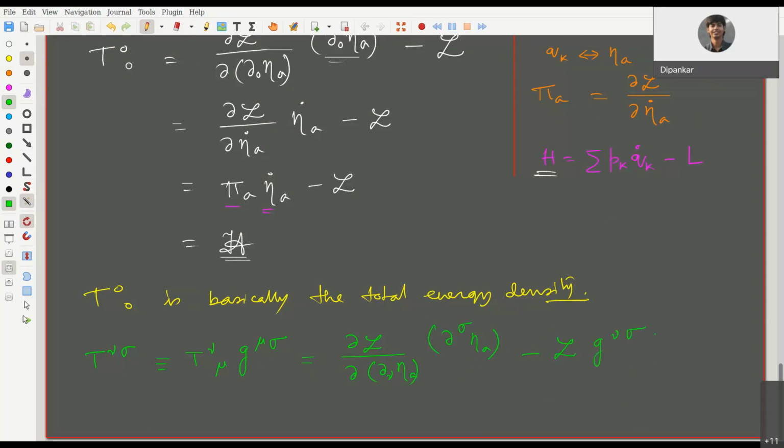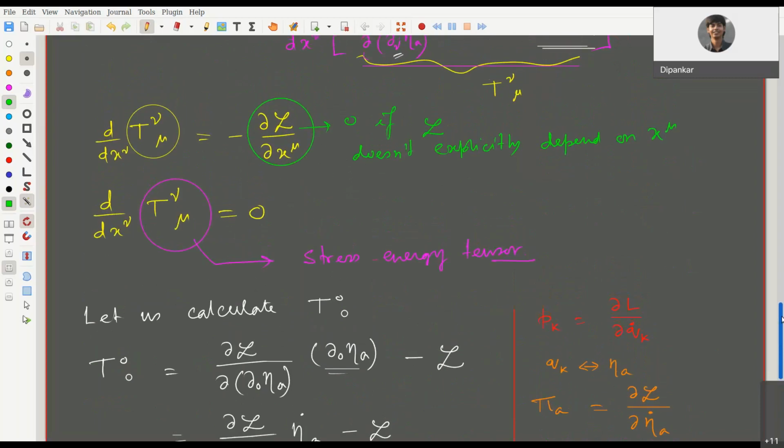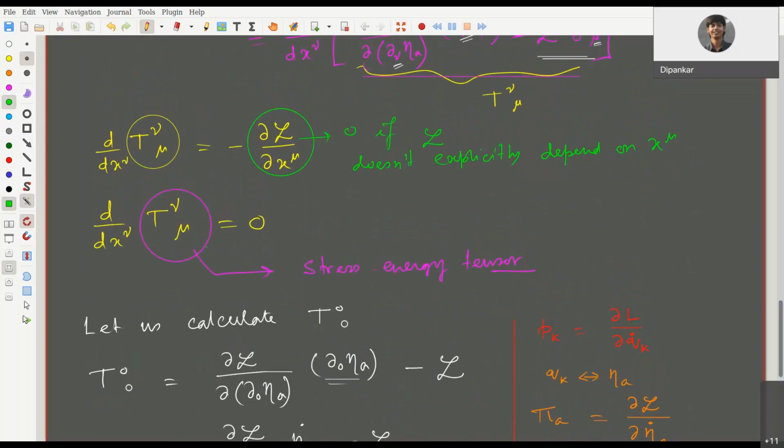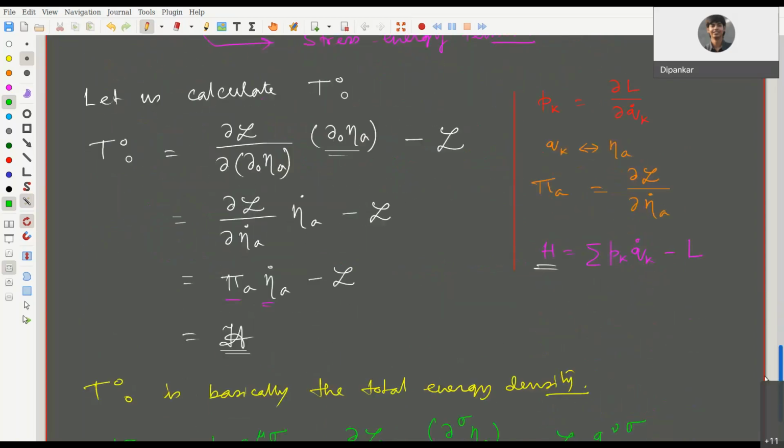You can easily find it out from the definition of T nu mu. From the way I have written this T nu sigma, the last part is symmetric, of course, but this part does not look very symmetric in nu and sigma. But the thing is that since the four divergence of T mu nu equals 0, using this equation I can add to this a function whose four divergence is also 0, because that will not change this equation, and I can then symmetrize this T nu sigma.